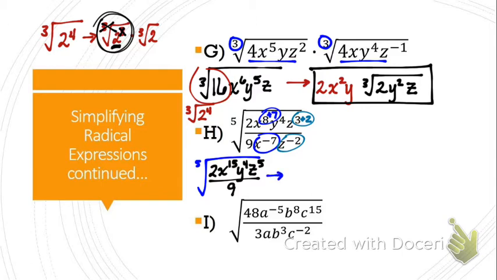X to the 15 and the z. So tell me what I bring out to the front. X cubed and z, and z just to the first power, right? And then we're going to have the fifth root of 2y to the fourth over 9. Is it appropriate for me to leave my answer like this?